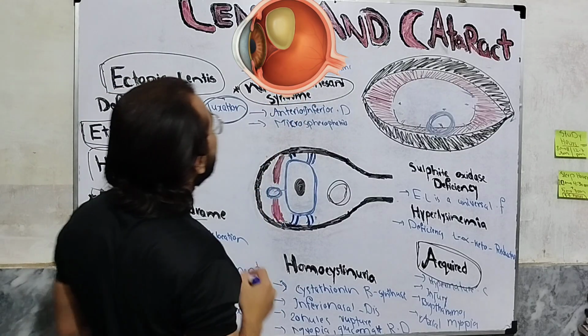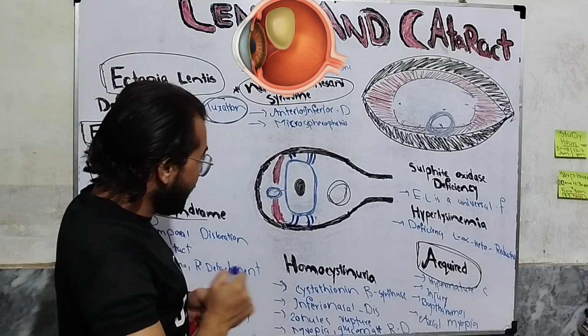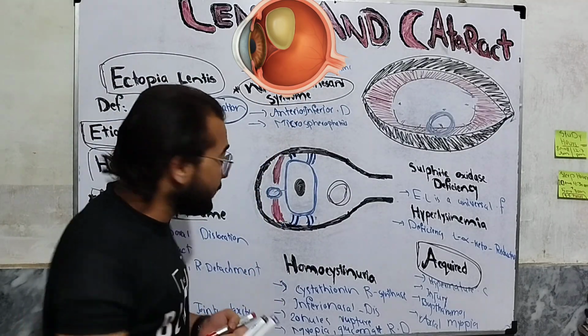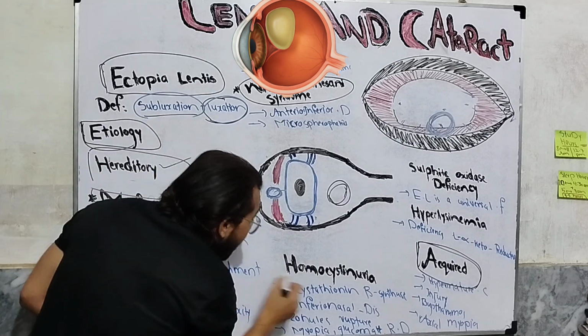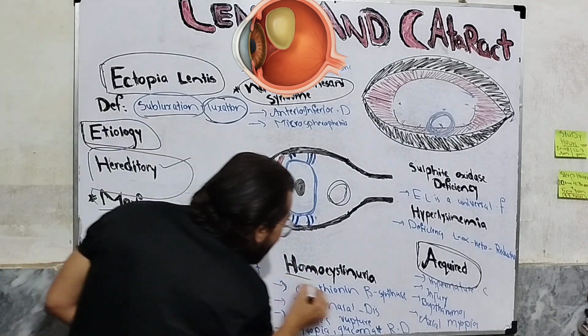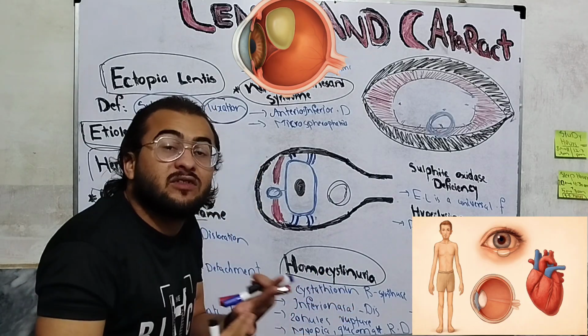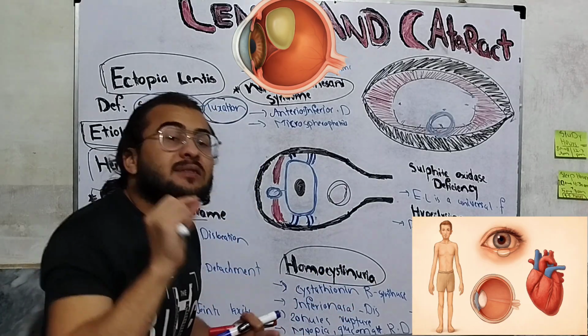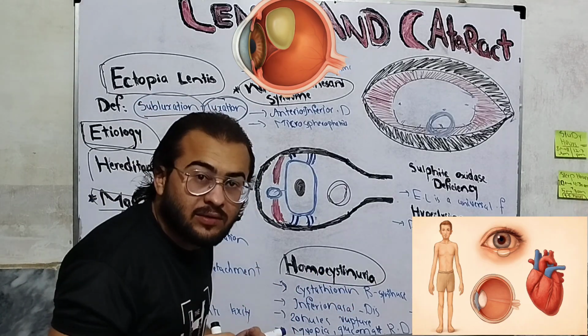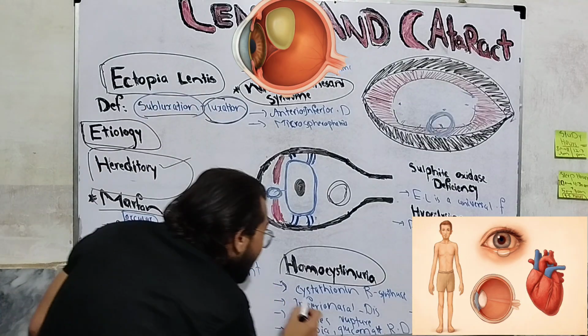Now the next metabolic error in which there is dislocation is homocystinuria. In homocystinuria, we have a deficiency of an enzyme called cystathionine beta synthase.